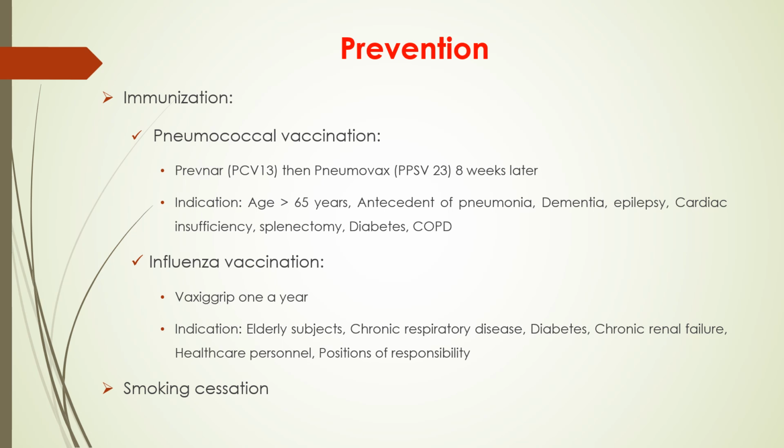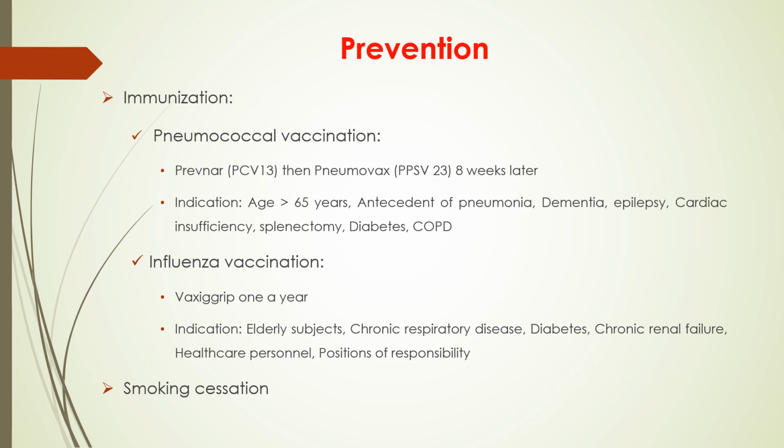We have the Prevnar against the 13, then we give the Pneumovax against the 23 8 weeks before giving the Prevnar. And we give these vaccines for patients aged more than 65 years who had antecedent of pneumonia. We have some dementia, epilepsy, cardiac insufficiency, some immunodepression like splenectomy, diabetes, COPD.